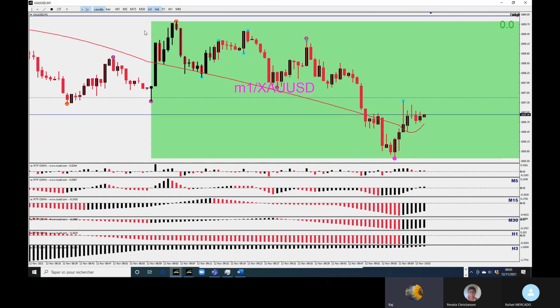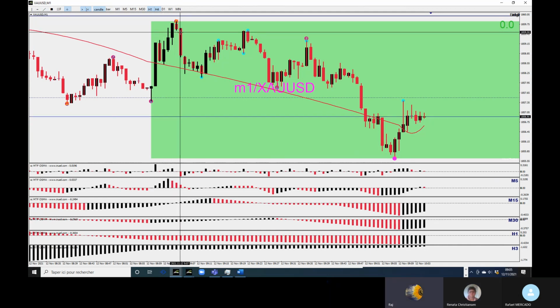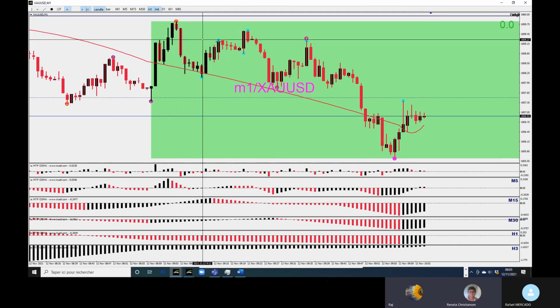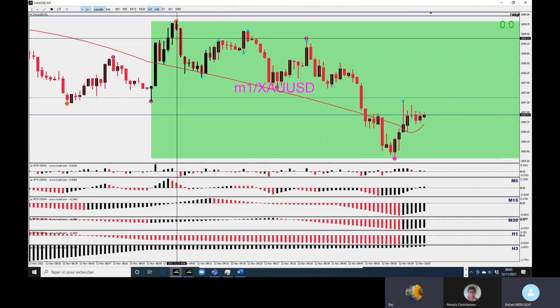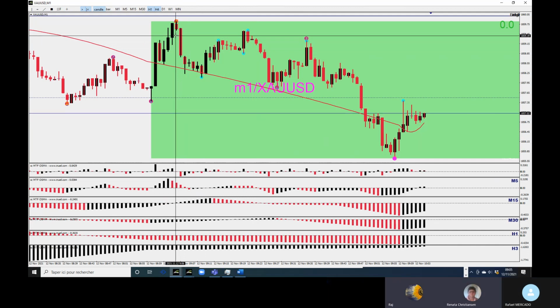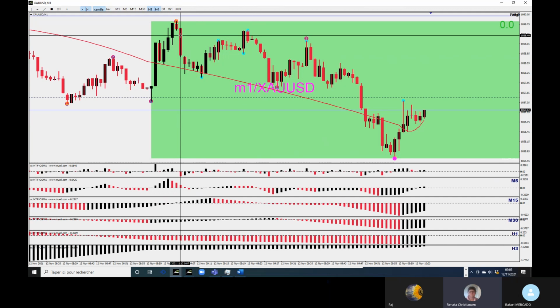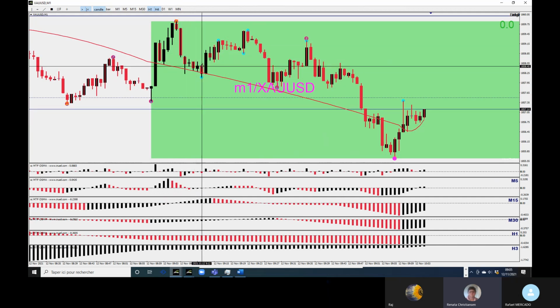Draw your horizontal line. Horizontal, not vertical. Where's your horizontal line? No, you're going way too far ahead. Okay, here. No. Where's your horizontal? Longer to the right. You make this a low, and you break the structure, and it retraces, and there you have the entry.